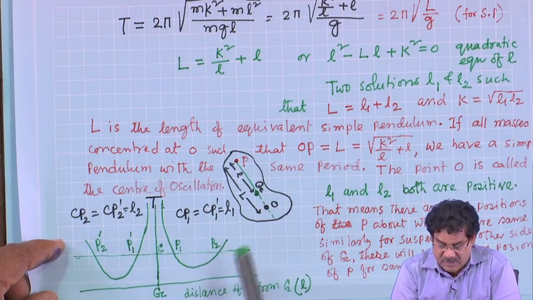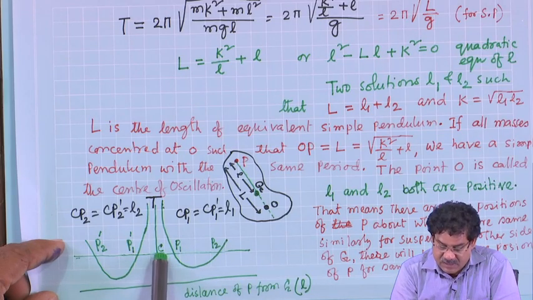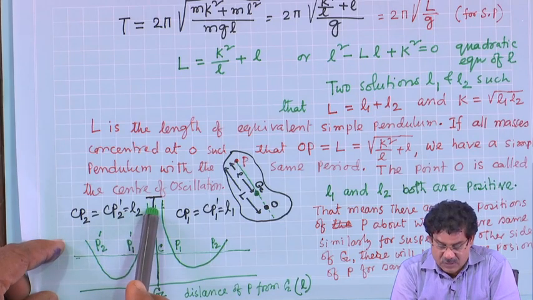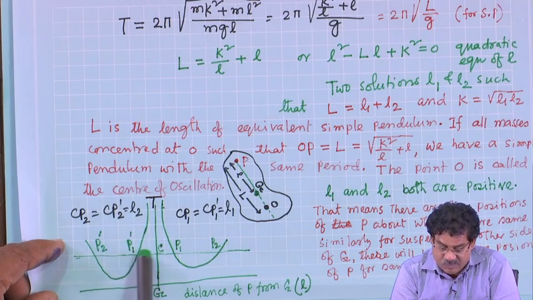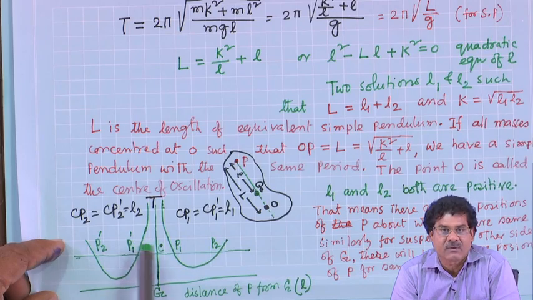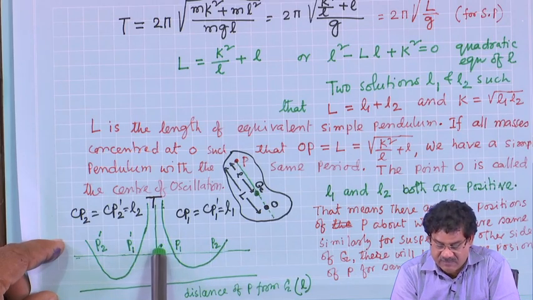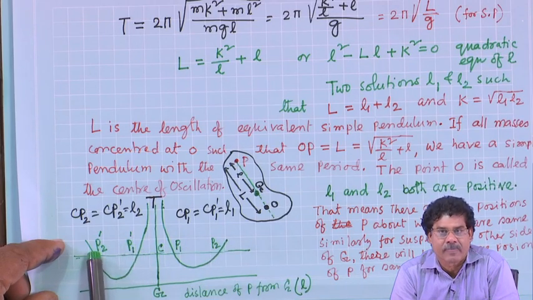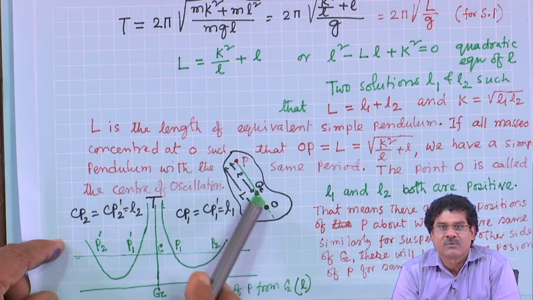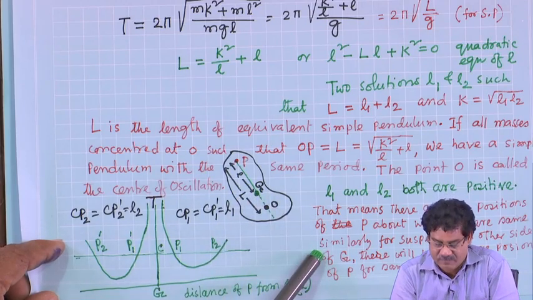And C P 2 equals C P 2 dash, that will be L 2. So, for these 4 distances the time period will be the same. So, for a particular time period we get 4 points of suspension, 2 on one side of the center of gravity and 2 on the other side.